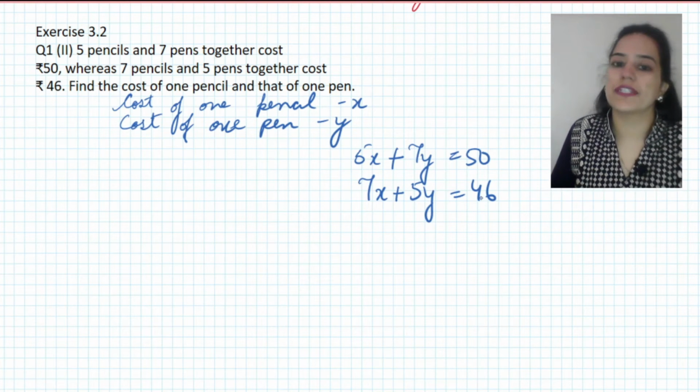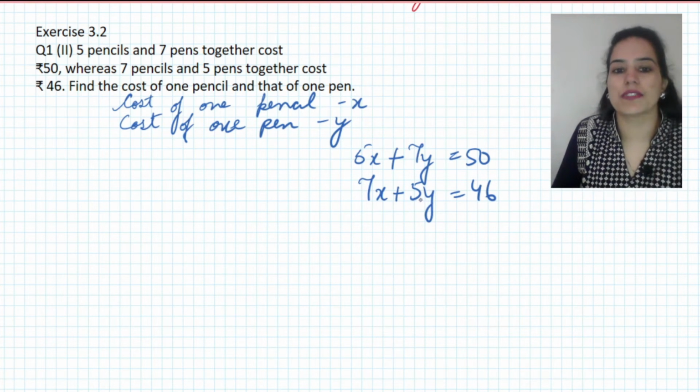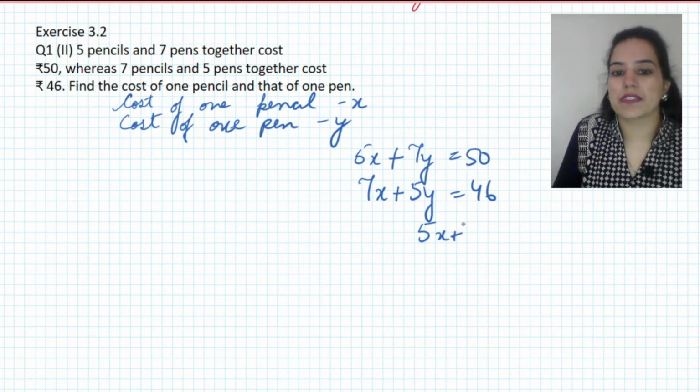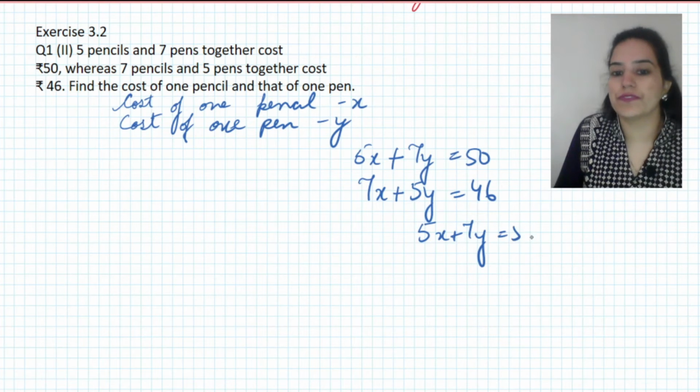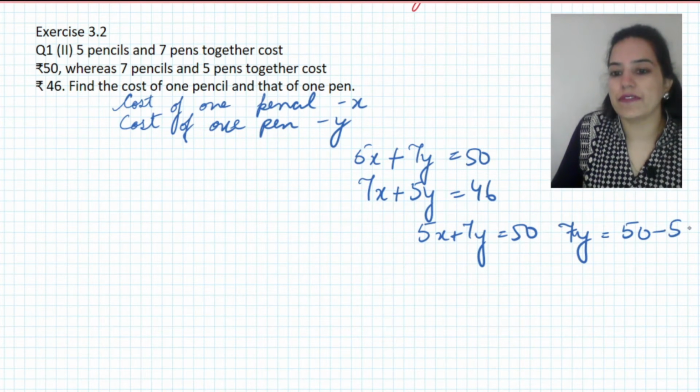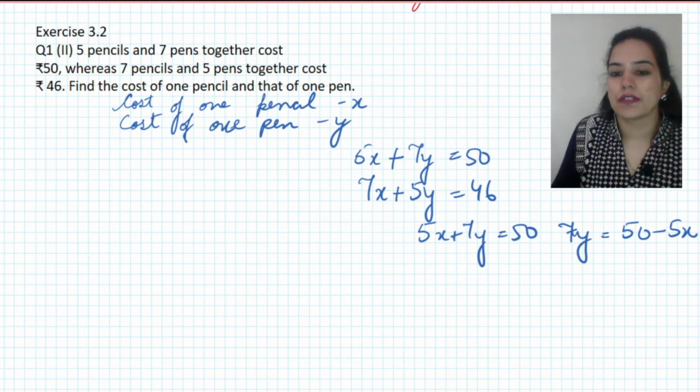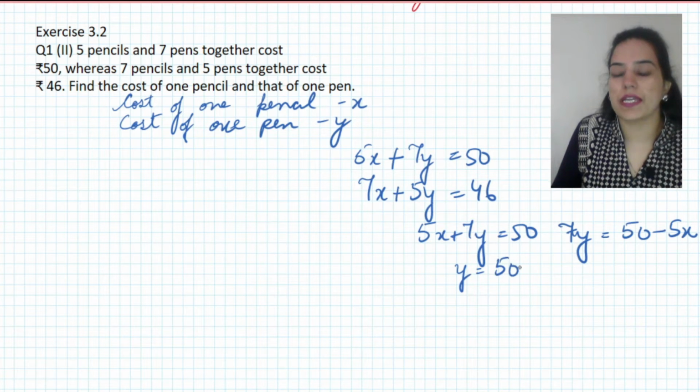So we have to solve it graphically. So we will find the points. So for the first one, 5x plus 7y is equal to 50, right? I may write it as 7y is equal to 50 minus 5x, or y is equal to (50 minus 5x) upon 7, right?